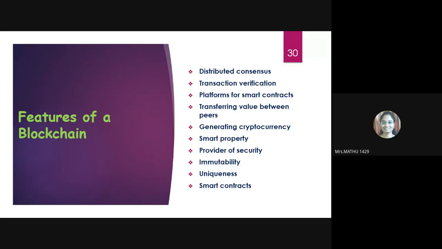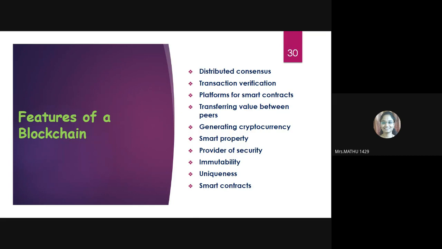Before that, we saw that for blockchain and Bitcoin technology to come into existence, there were several other concepts already available. Based on those concepts, Bitcoin and blockchain technology came: the e-cash systems, e-cash schemes, as well as the distributed systems. Based on these concepts, they arrived at Bitcoin as well as blockchain technology.